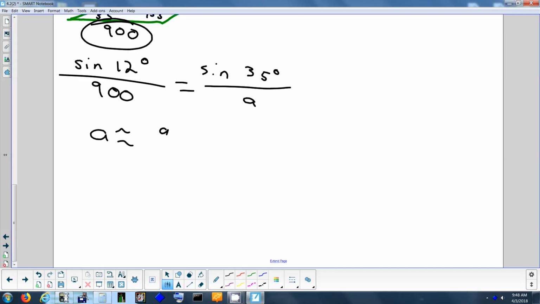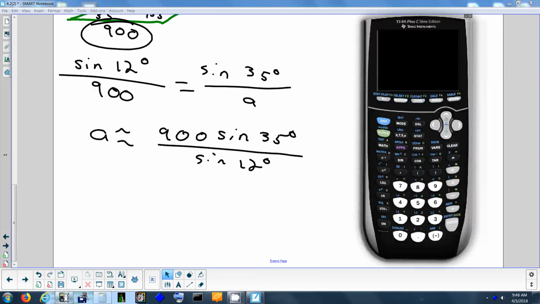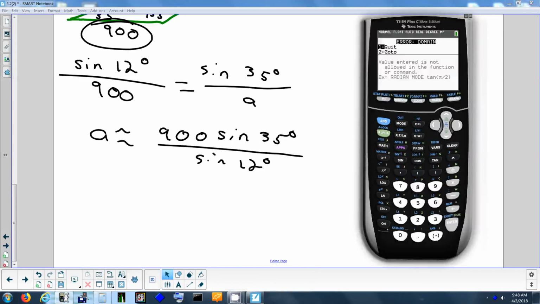So it's 900 sine 35 divided by sine 12. Kind of big numbers, but I'm just going to plug it into the calculator, so that doesn't really matter. Right, so 900 sine 35 divided by sine 12.